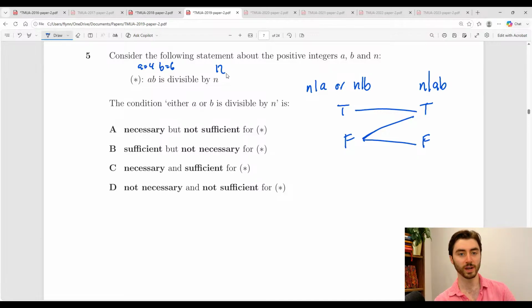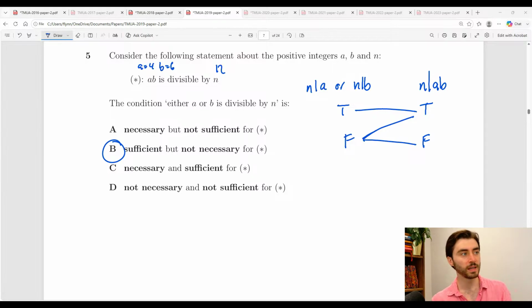Then 24 is divisible by 12, even though 12 does not divide 4 or 6. So that can exist, but this one can't exist. So now we've established all the logical pathways that exist. That means that the condition is sufficient but not necessary, which is B.